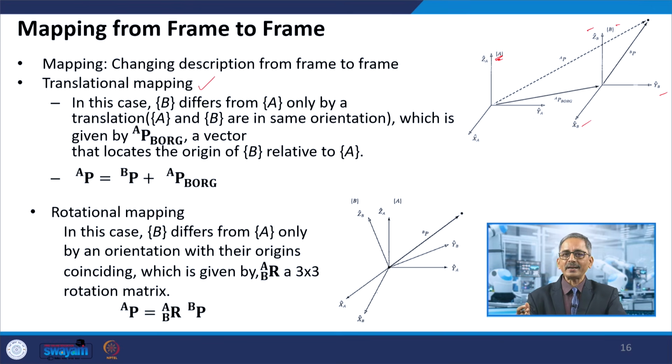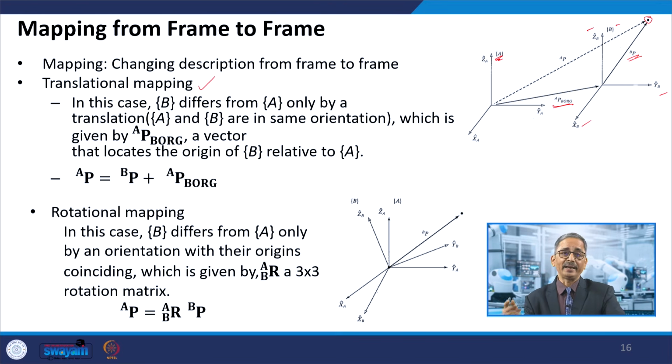So, the orientation of frame B is the same as that of the orientation of frame A. Okay, and the B origin is displaced with respect to A origin by this vector P_B origin with respect to A. And say I have the description of a point here with respect to frame B, and that is given by PB.